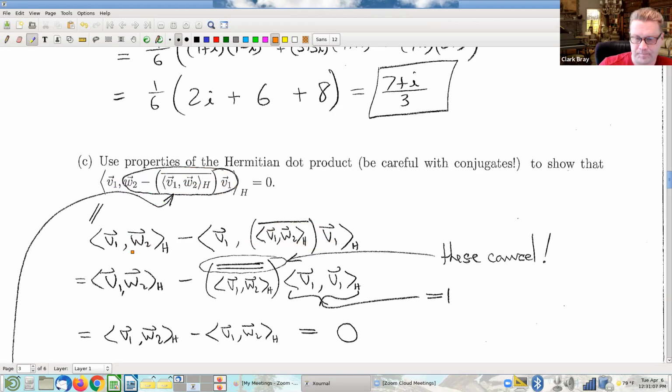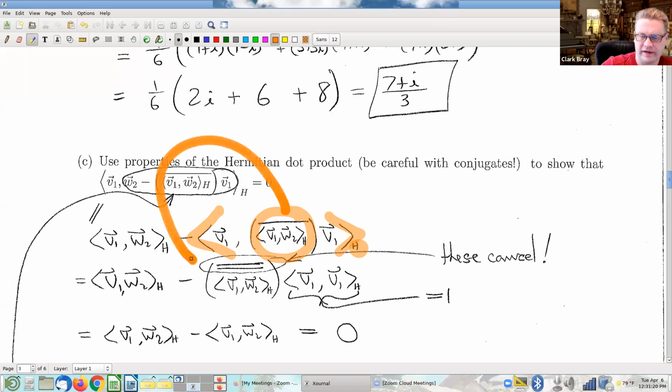A scalar on the right-hand side of a Hermitian dot product will factor out with a conjugate. That's one of the little tricky bits about Hermitian dot products: they're not linear in the usual sense. Scalars factor out in this conjugated sort of way. So that's a little weird.